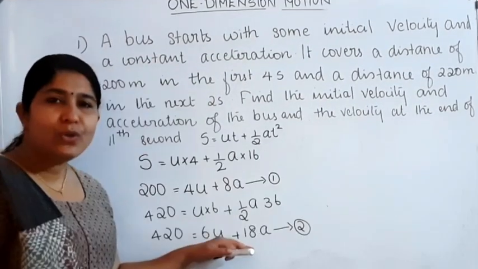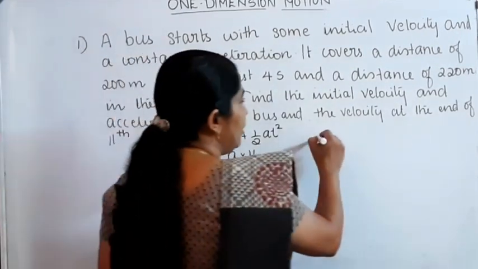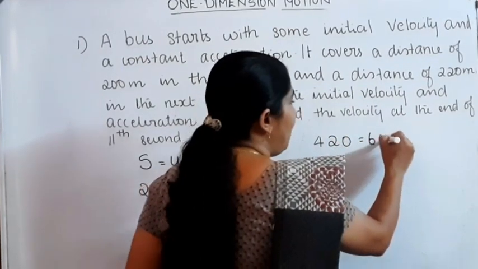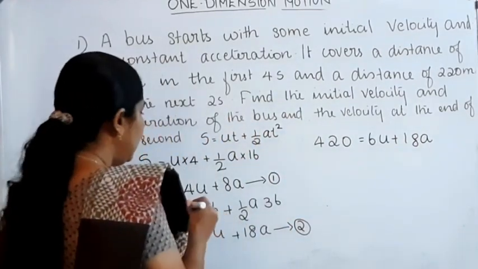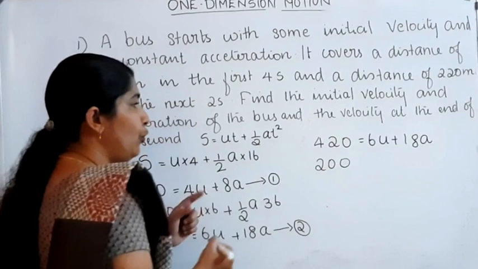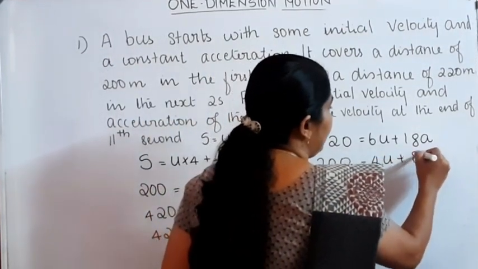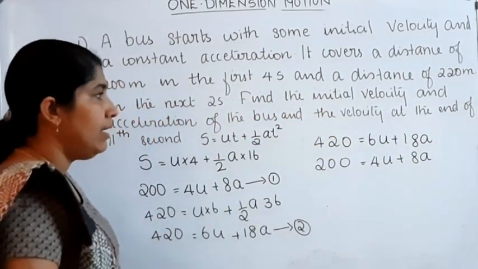On solving equations 1 and 2, we have 420 is equal to 6u plus 18a, which is equation number 2, and 200 is equal to 4u plus 8a, which is equation number 1.